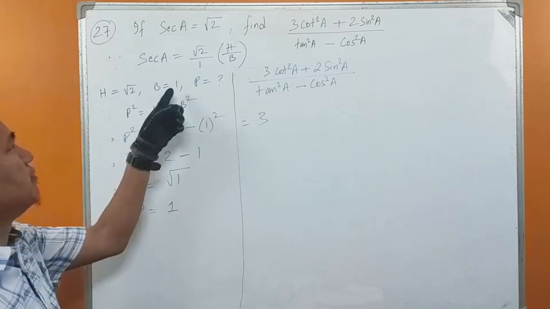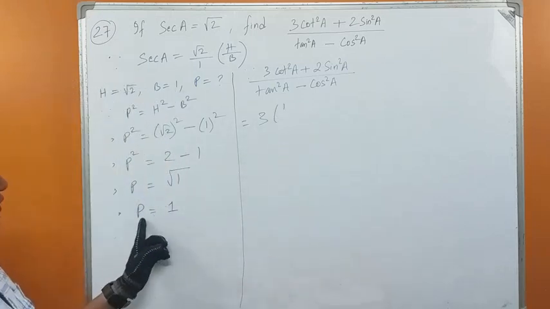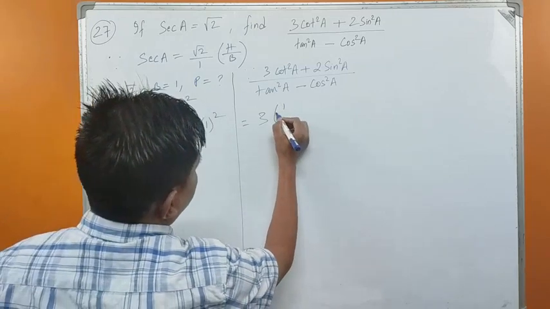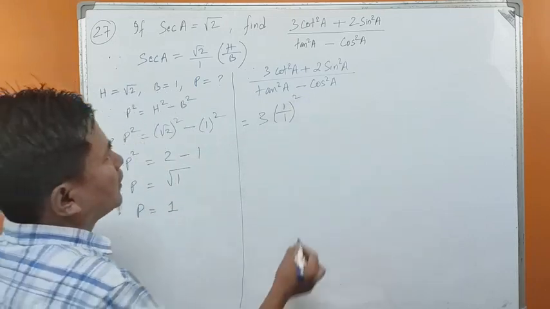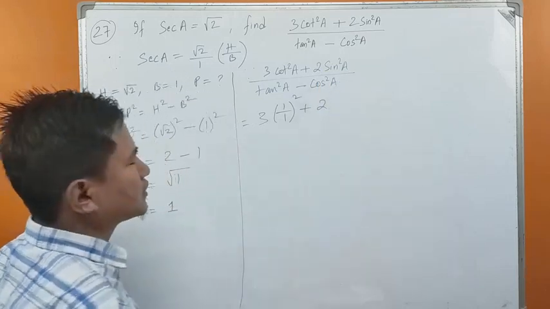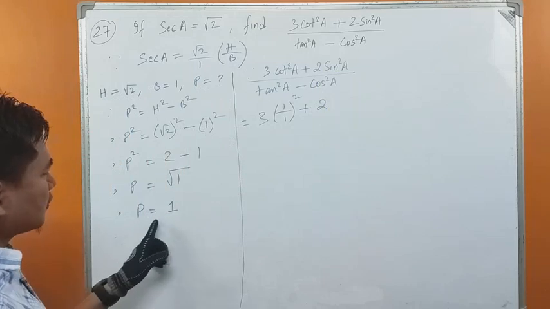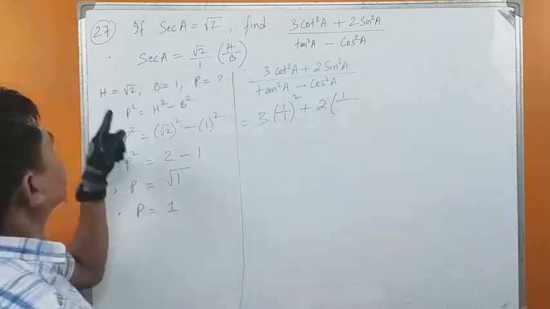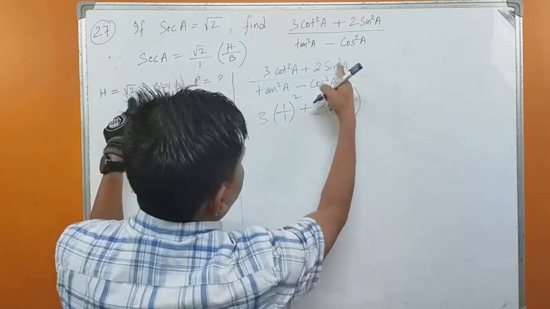Base is 1 and perpendicular is also 1, so base upon perpendicular, whole square. Plus 2 sine, which means perpendicular upon hypotenuse. Perpendicular is 1 and hypotenuse is root 2, so 1 upon root 2, squared.